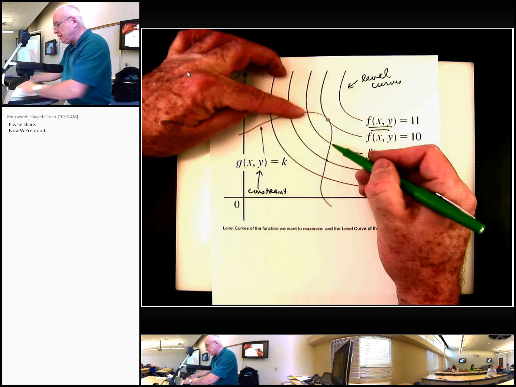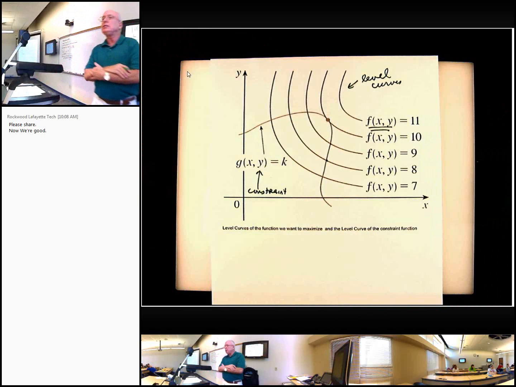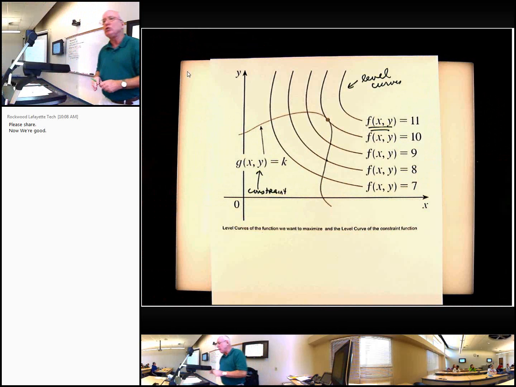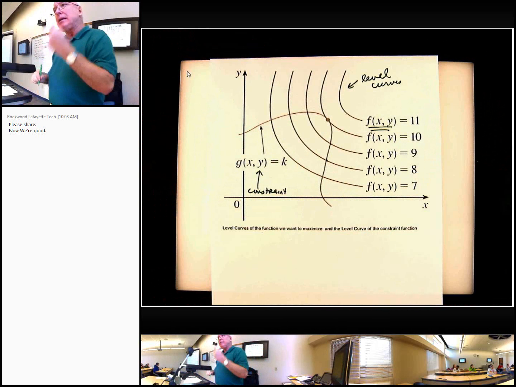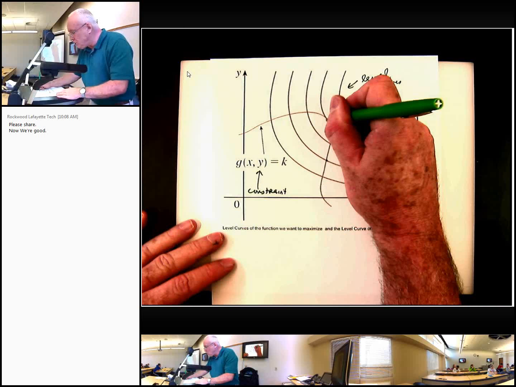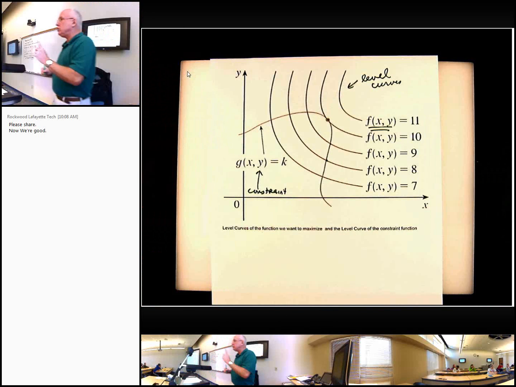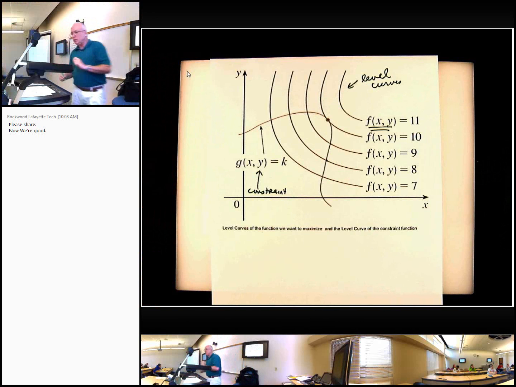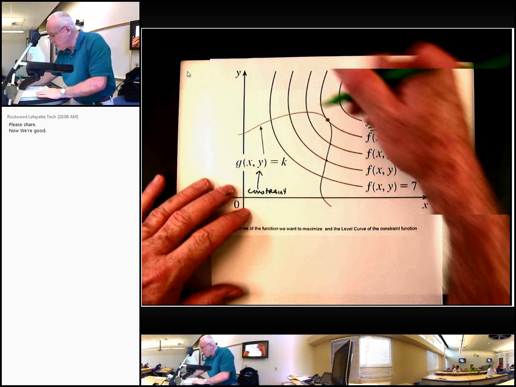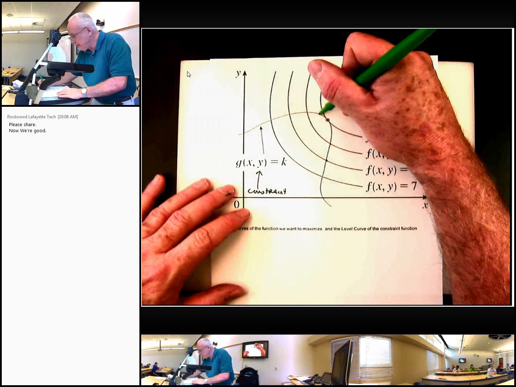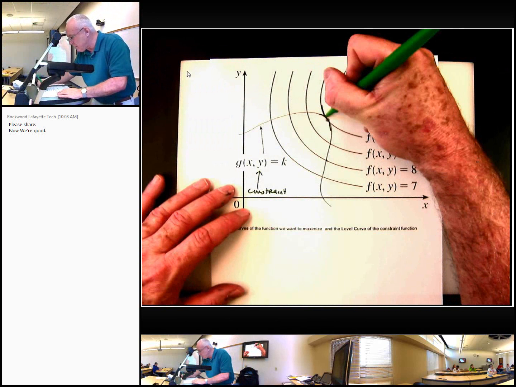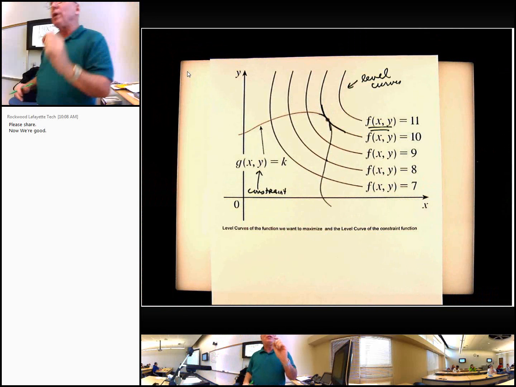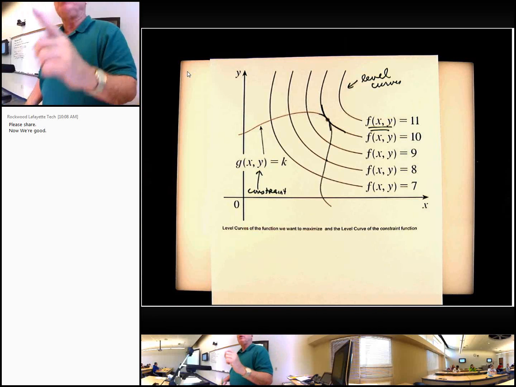It still meets our constraint, but we can still go bigger. In this case, we can go to f(x, y) equal to 10, which gives us a maximum value of 10 where it just touches that constraint curve at a single point as a tangent line. So here's our constraint, here's the function we want to maximize, and they just graze each other.